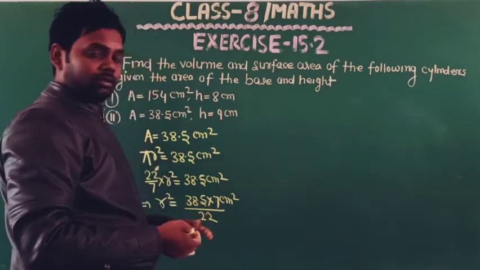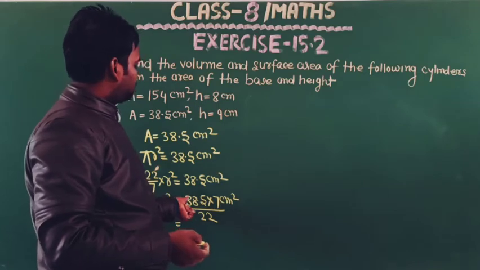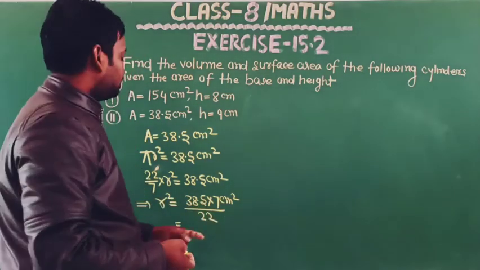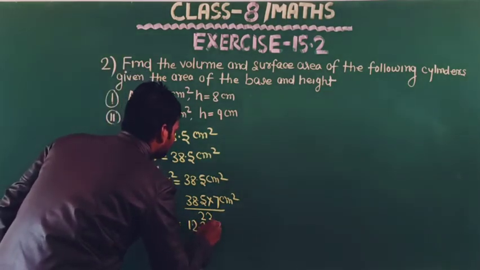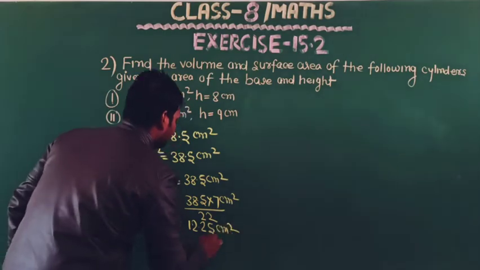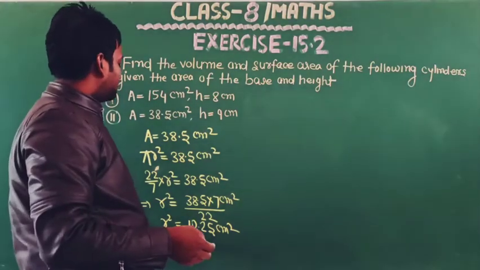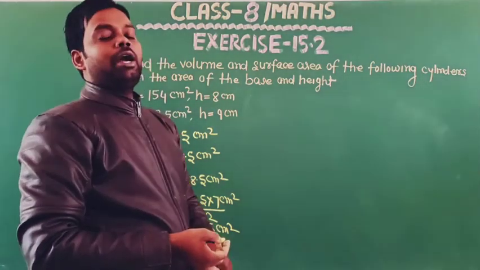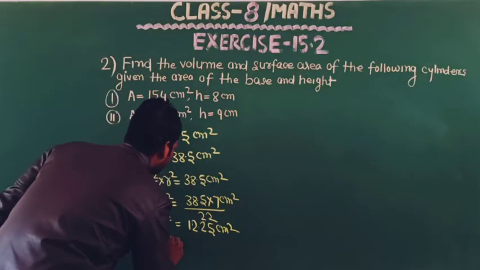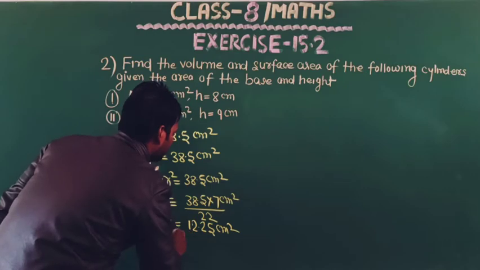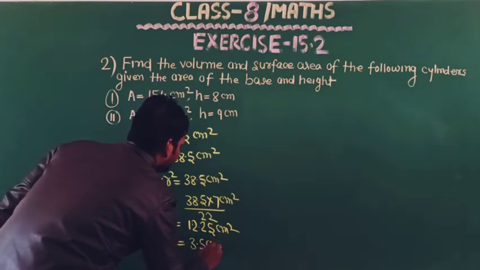After simplification we get the value of this expression, which is equal to 12.25 centimeter square, and further we get the value of r, which is equal to 3.5 centimeter.